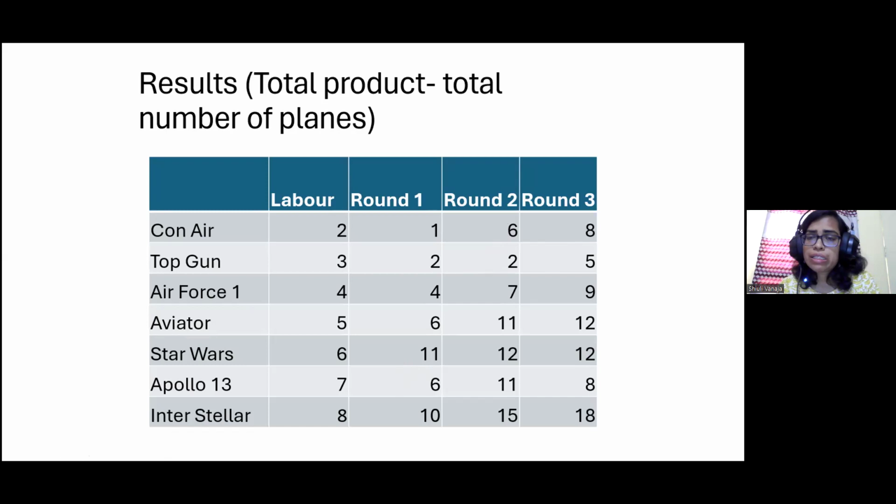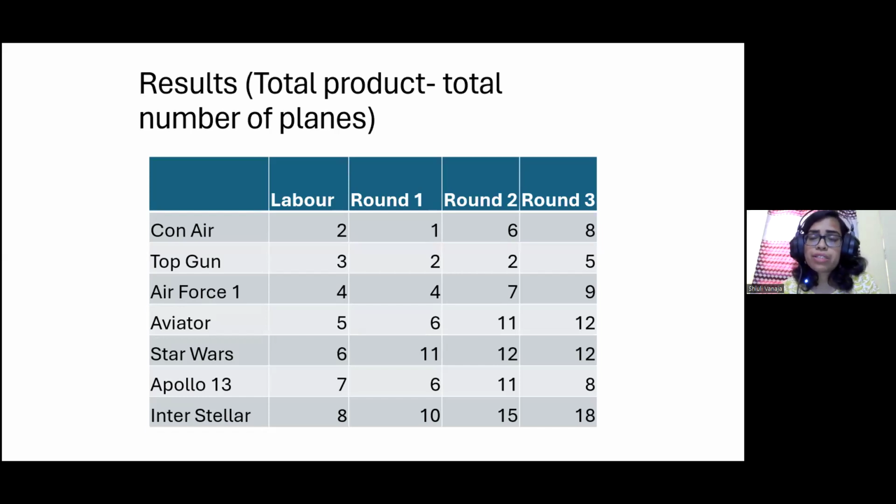But there are other things which are important for a production process within a firm or within a group: how well coordinated they are, how efficient the production process is, what the level of trust is between the group members or between the different parts of the production process. So labor is one, but there are other things which make it important to understand how many planes will be produced in different firms, in different rounds, with different numbers of students.